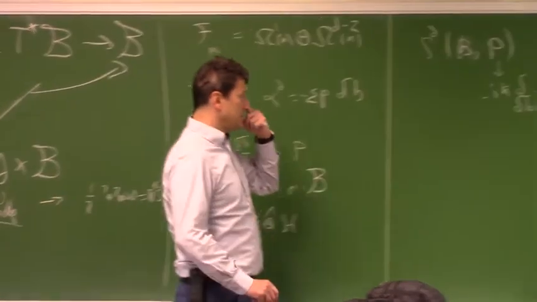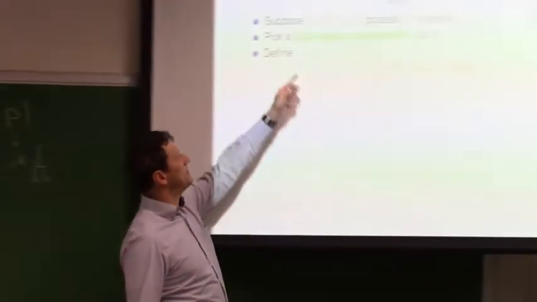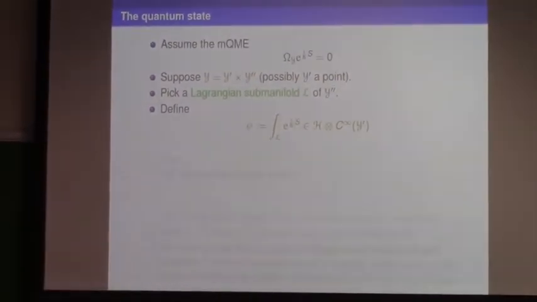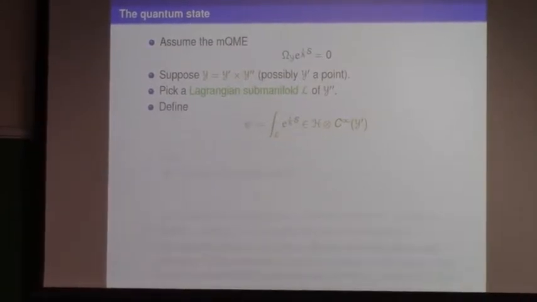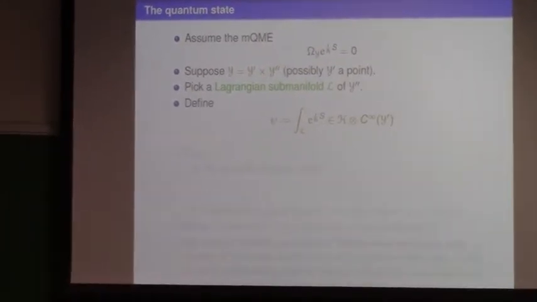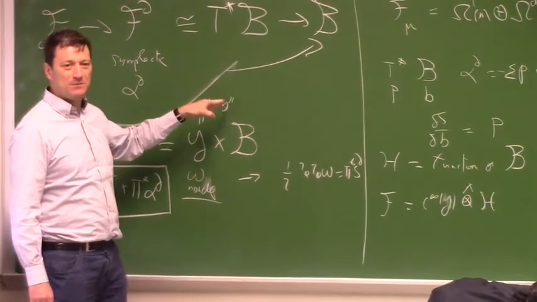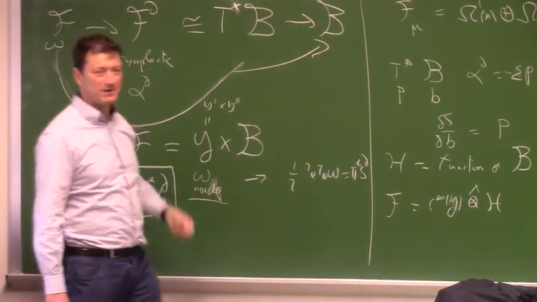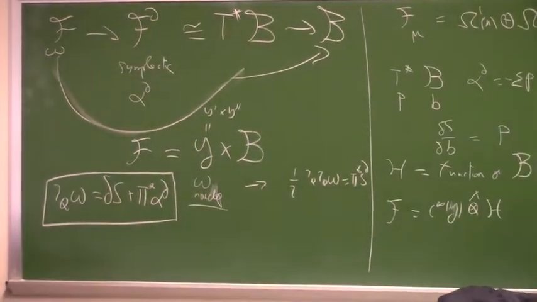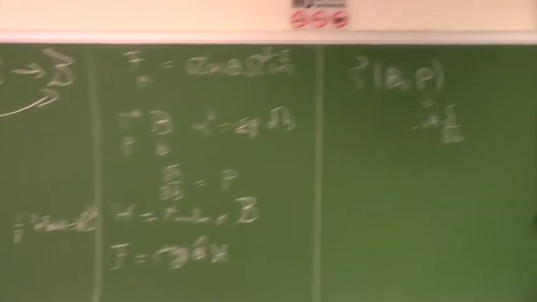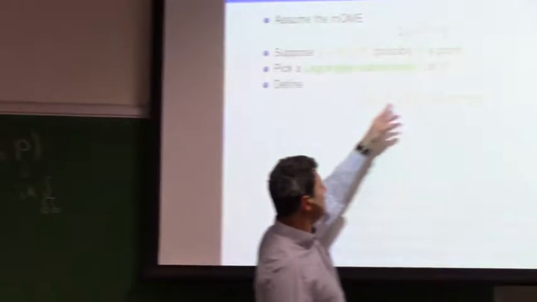Now, the interesting thing is the following. Suppose that our y is a product of two odd symplectic manifolds, y prime and y second. I can do this fiber integration, this push forward I explained yesterday, on the y second fiber. So I choose a Lagrangian submanifold y second, and I integrate over it.